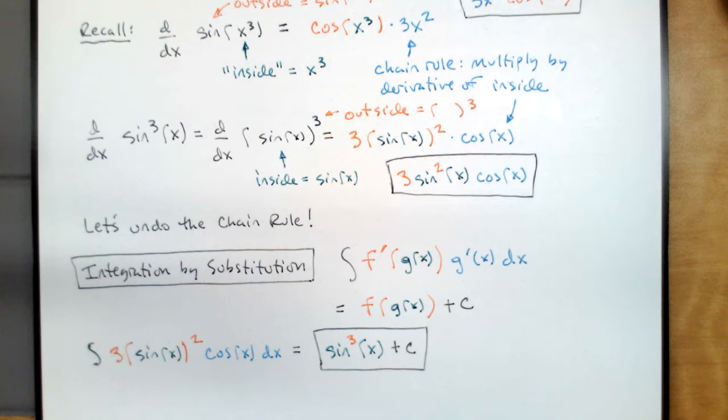So we think this cosine x showed up because of the chain rule. So what we're actually integrating is 3 things squared. And so the integral of 3 something squared is something cubed. Questions?